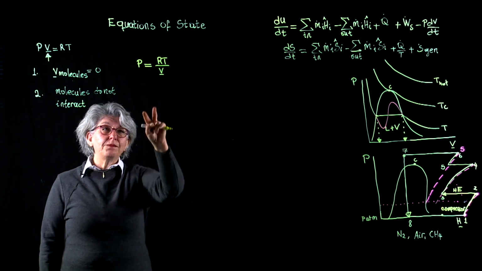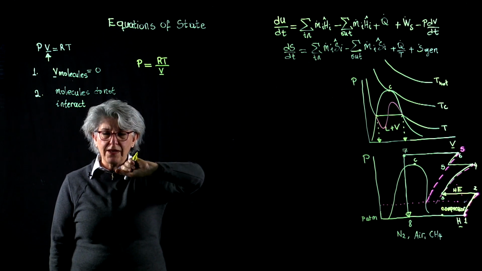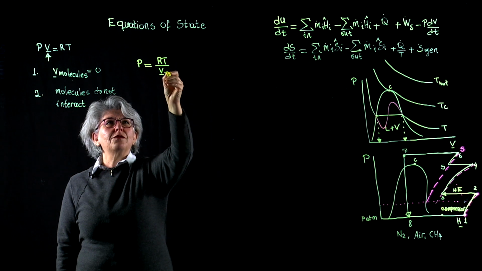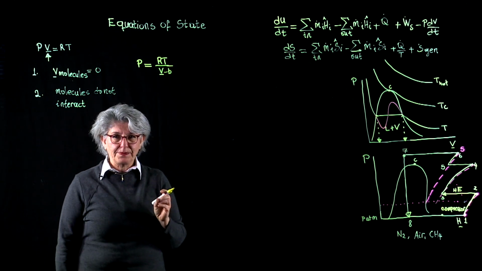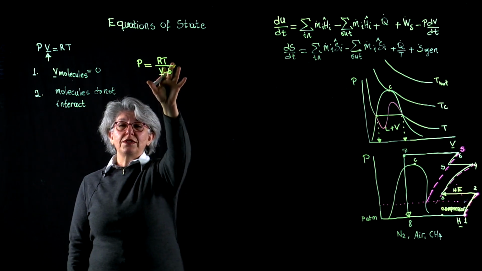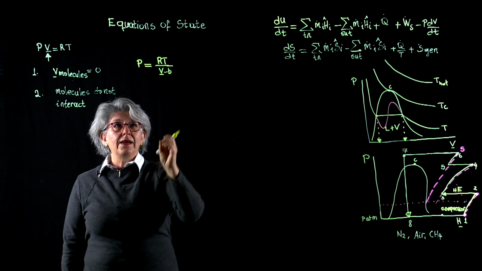If that PVT relationship belongs to volume of voids only, and if that volume is the total volume, I have to subtract the volume of the molecules, so that what I'm calculating through this equation is going to be more accurate.